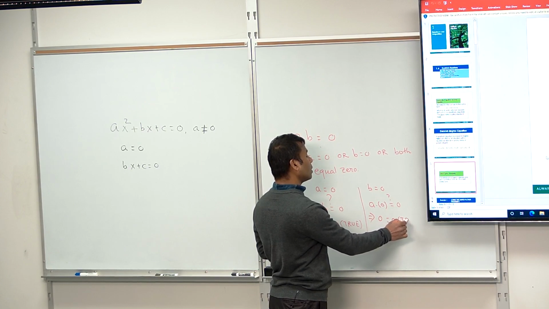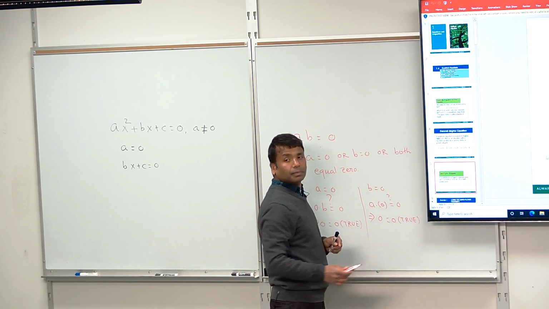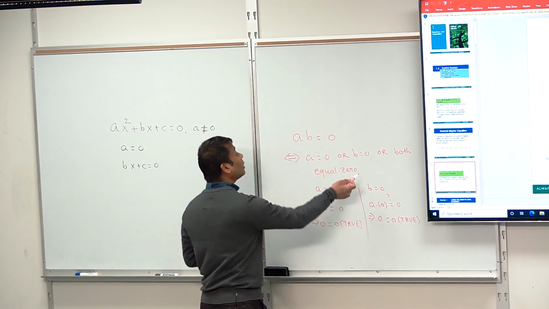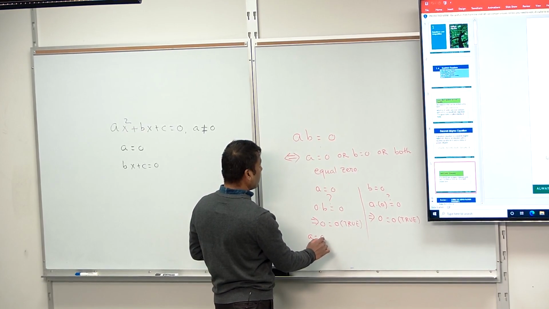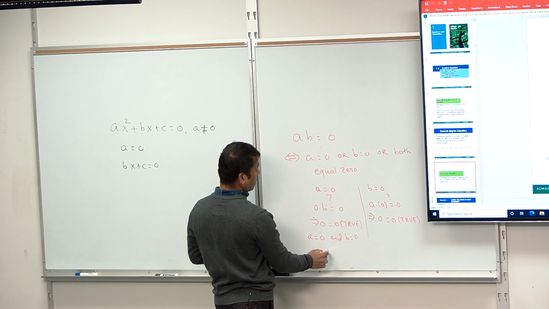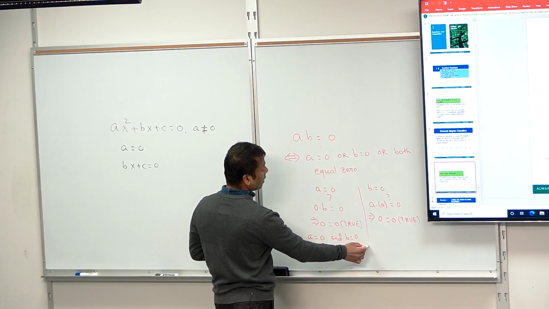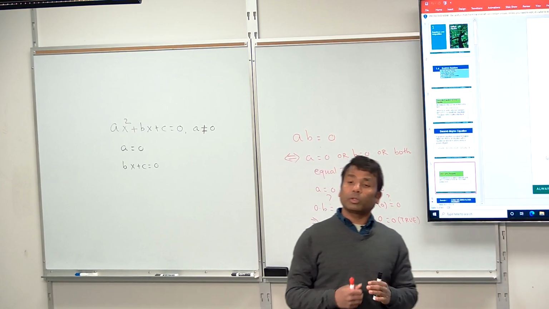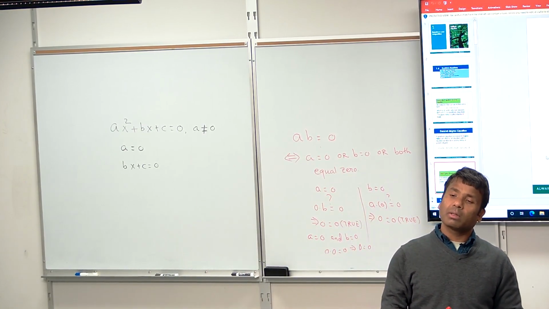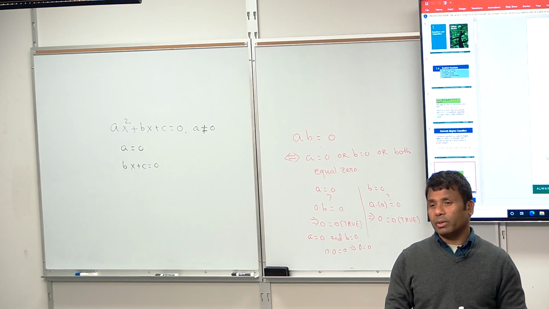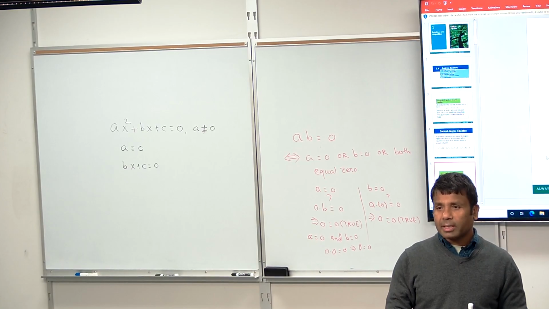This is also true. And if both are 0, then 0 times 0 is 0. This is also true. So this is called the zero factor property: if you have a product of two numbers equal to 0, at least one of them must be equal to 0.